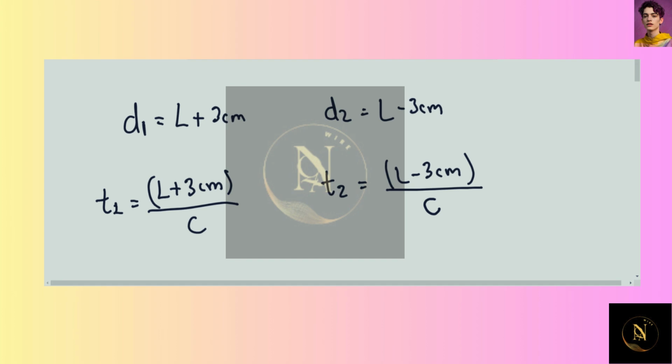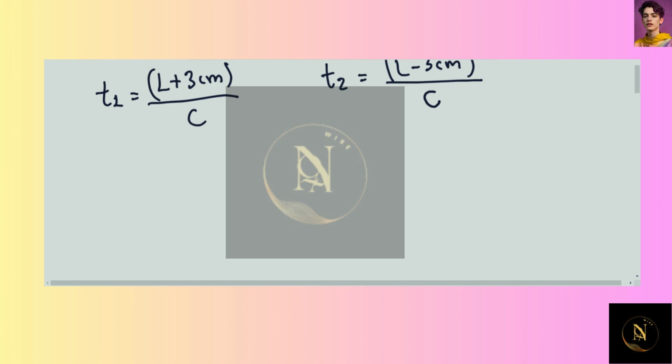So the time interval in this case is the difference between these two times. So we will have that the time interval is t1 minus t2. So we introduce these values that we obtained. For t1 we have L over c plus 3 centimeters over c.